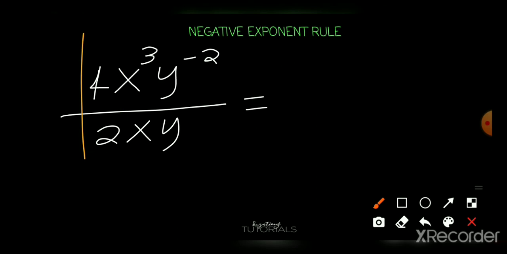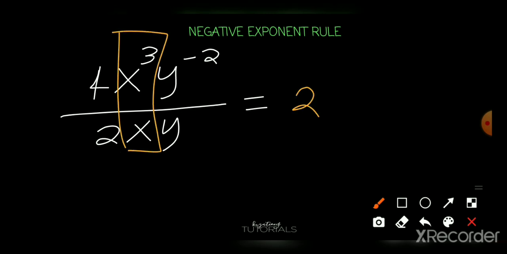So that's going to be 2. Next is x cube over x. Since they have the same base, we simplify: 3 minus 1, that is x squared.